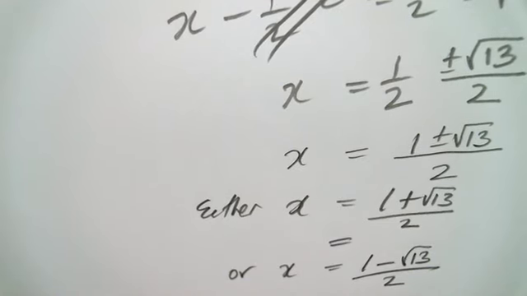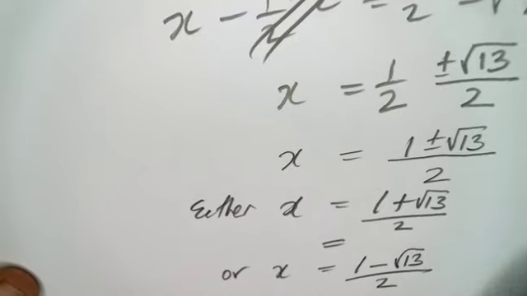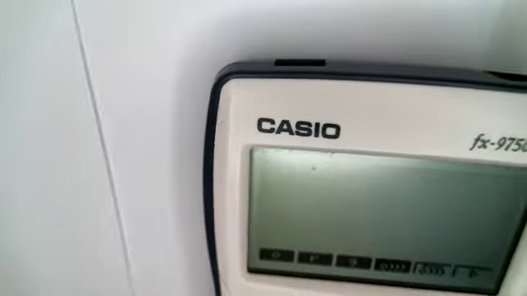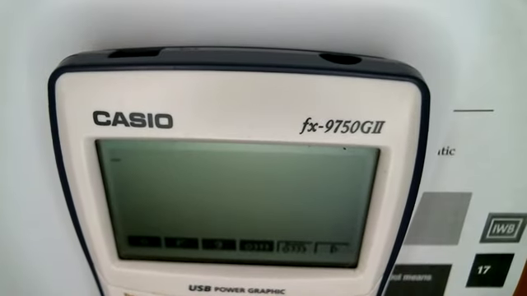Let's have a shot at that. So I'll make it so I can see it, sorry. What's the best way to do it? 1 plus root 13. So I'm going to have root 13 over here.